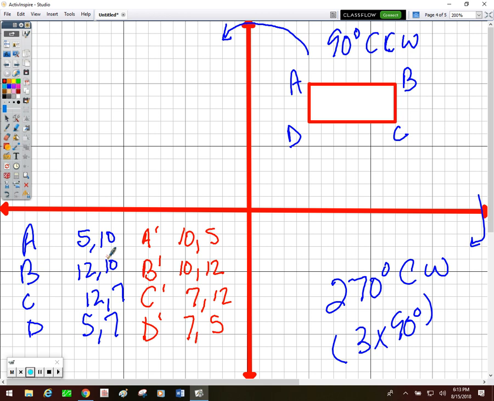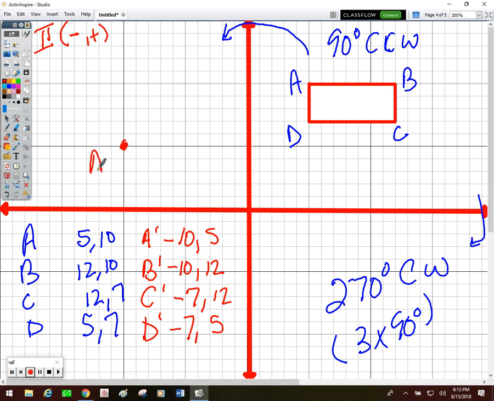Now let's fix according to where we're at. Well, we went from quadrant 1 into quadrant 2. And remember, quadrant 2, the X is negative and the Y is positive. All right, so now we can fix the sign. So all of my X's now are going to be negative, and all of my Y's are going to stay positive. So now I can graph this. So let's go with A. We're going to go left 10, up 5.